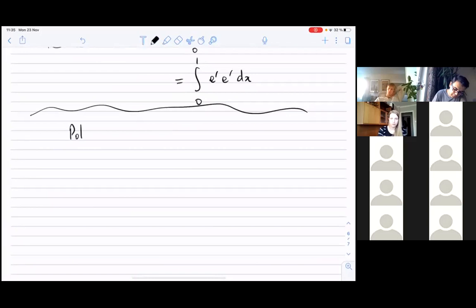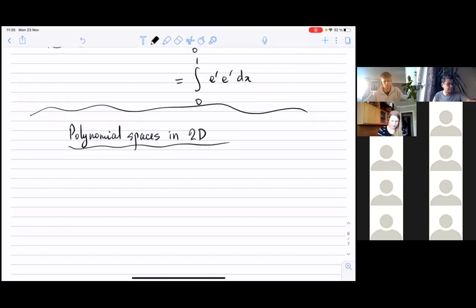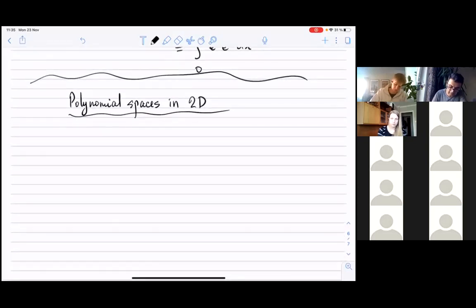Polynomial spaces in 2D. I've uploaded my course notes.